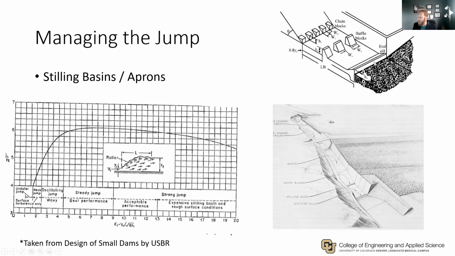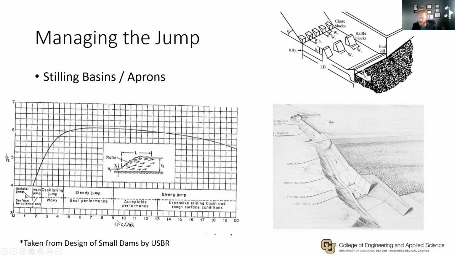And then we have what's called an end sill. And at the end sill is where we let go of the water down into the next channel. And hopefully we've forced supercritical flow into subcritical flow, and we've managed to dissipate our energy within the stilling basin or the jump apron.